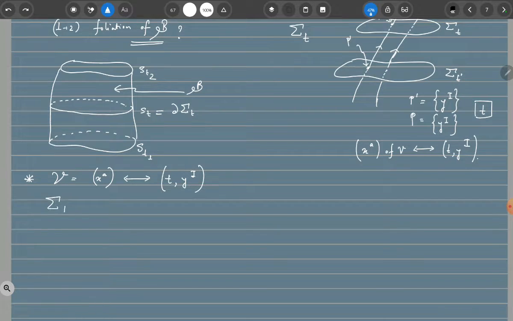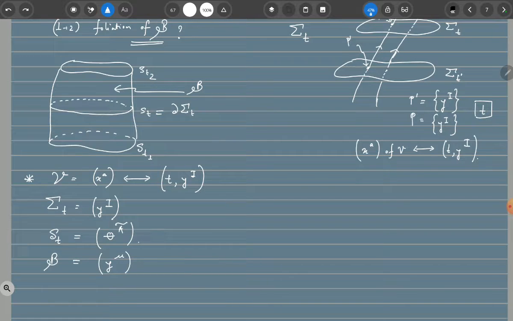Our sigma T, which is a three-dimensional space-like hypersurface, is coordinatized by the set y i. This two-dimensional surface S T will have the intrinsic coordinates, let me denote them by theta a tilde. Okay, so these are the intrinsic coordinates, and let curly B, which is a three-dimensional time-like hypersurface, be coordinatized by y mu.